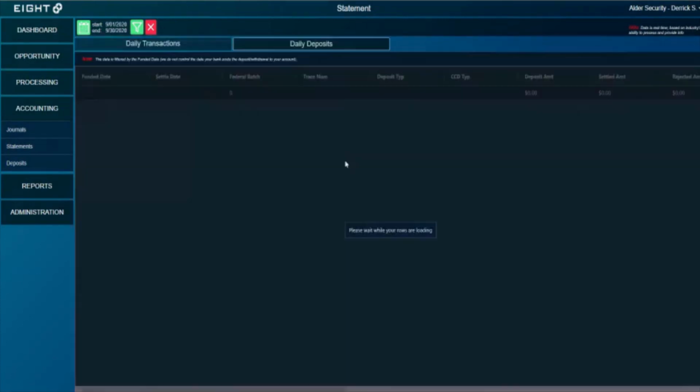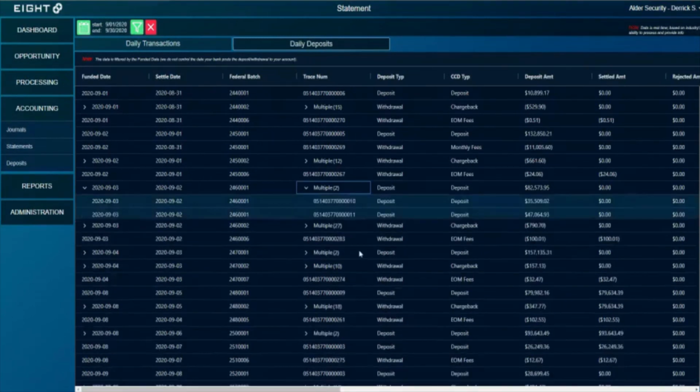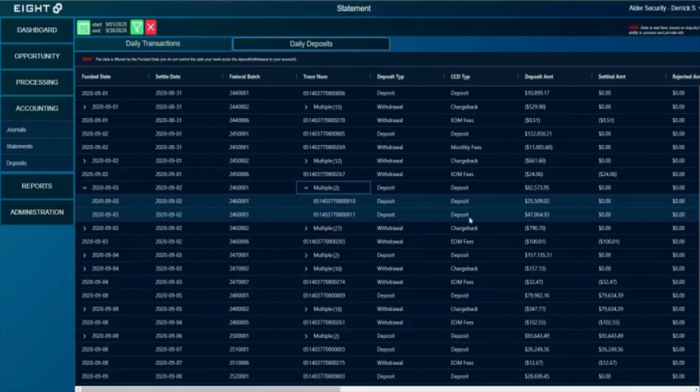So when we go over to the deposits, you'll notice for several days in here, when I go to the 2nd and 3rd and 4th, where that's the stuff from the first, what are you seeing, guys, here? Multiple deposits. In fact, on the 3rd, I've got 2 deposits and 27 withdrawals. So now I can click on that, and there are the 2 deposits you got.